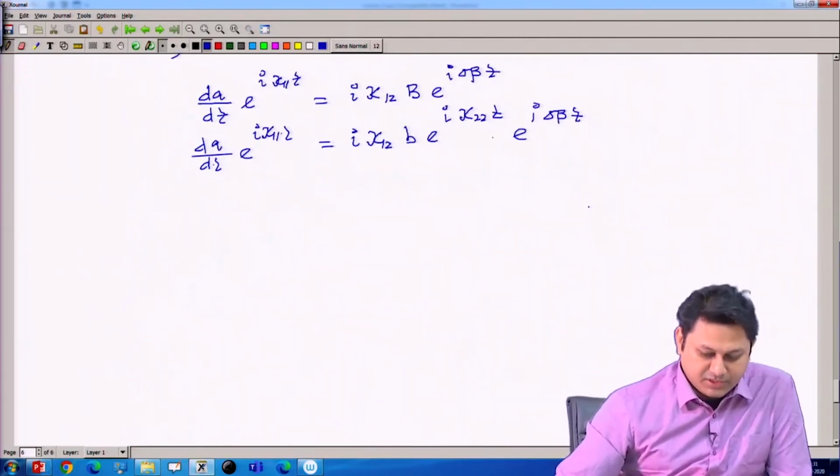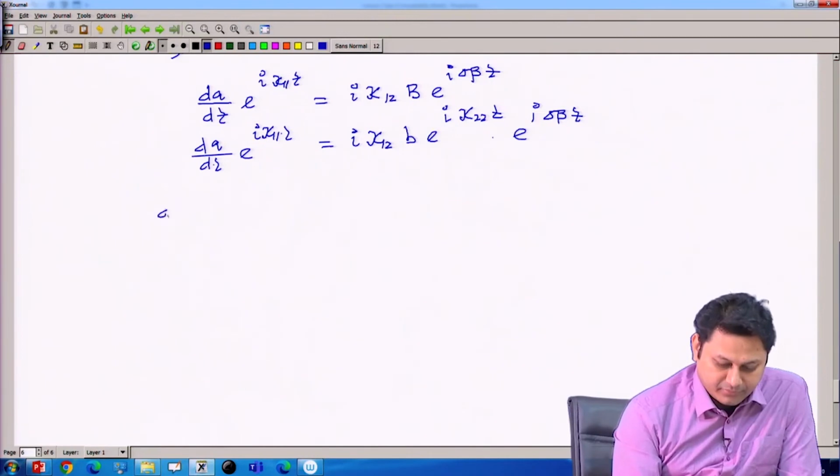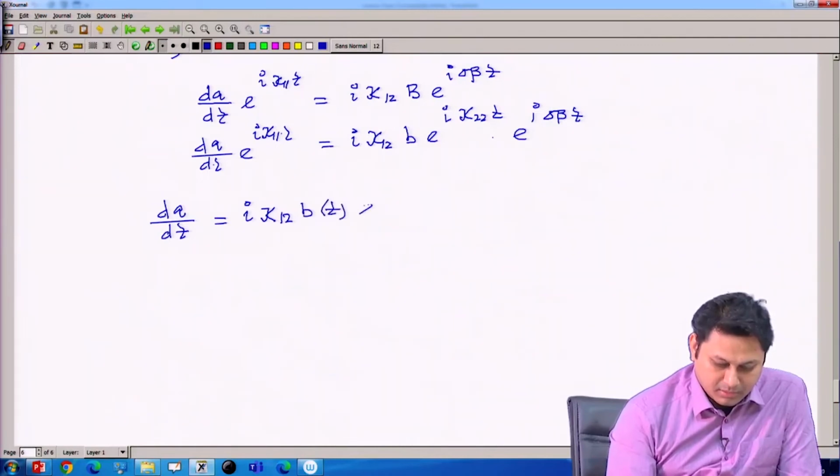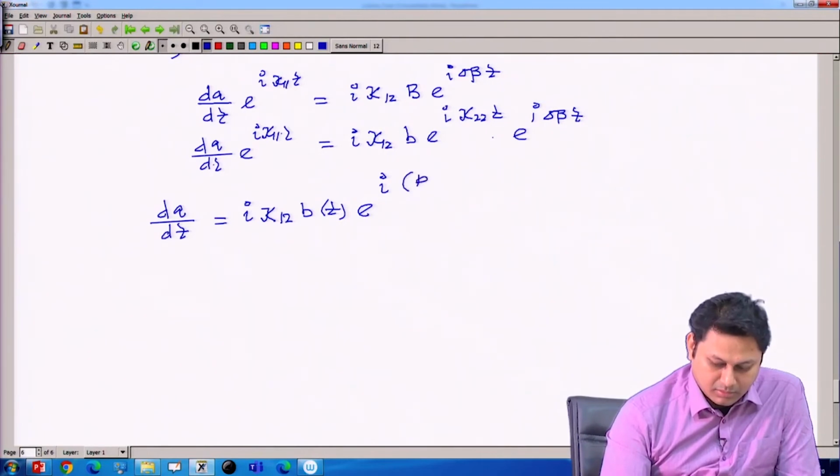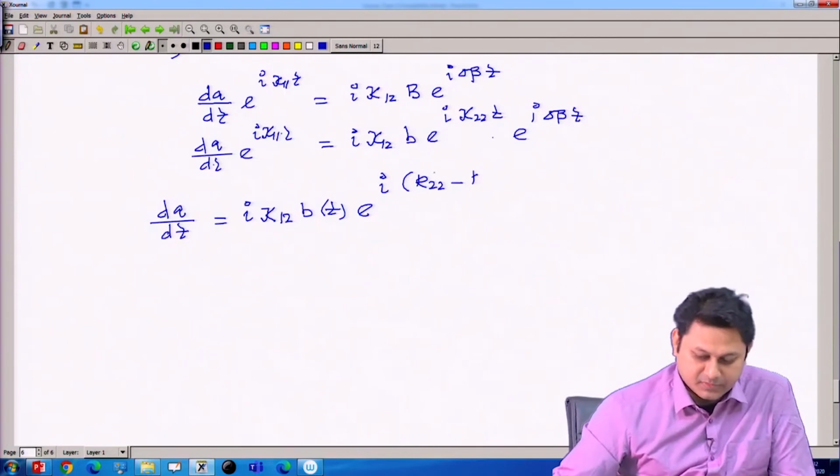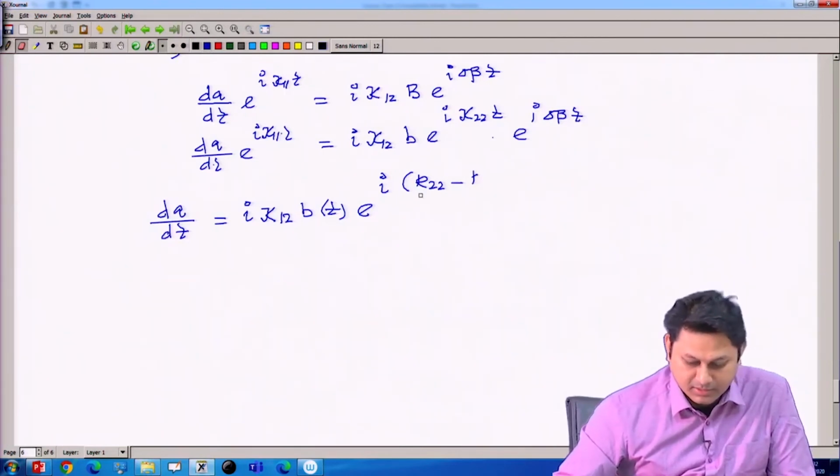So, eventually I can have dA/dz is equal to i kappa 12 b e to the power of i (kappa 22 minus kappa 11) z plus delta beta z. It is kappa, not k.